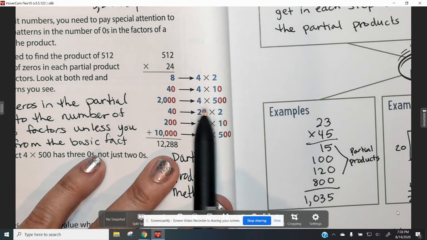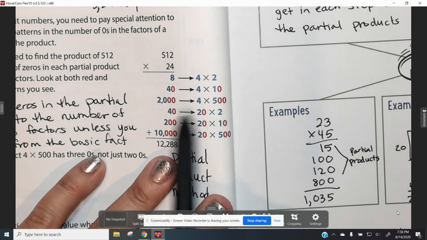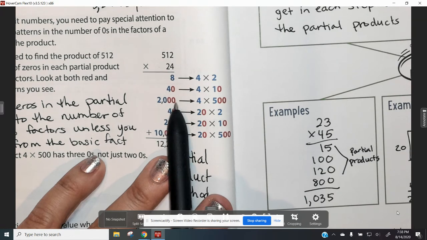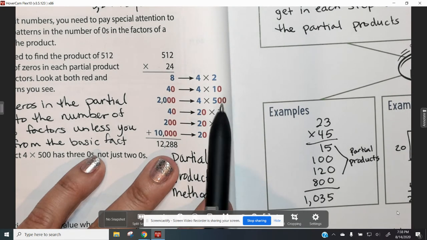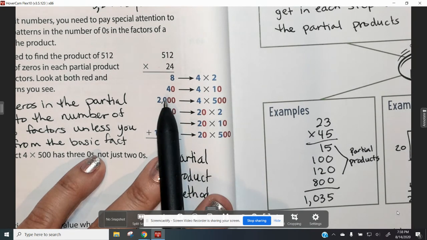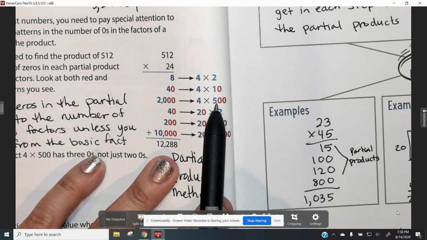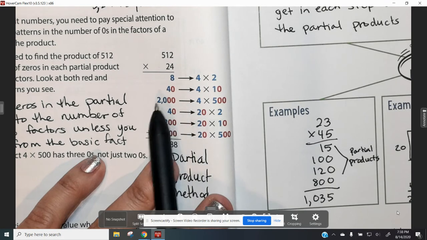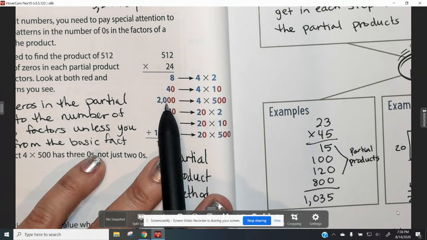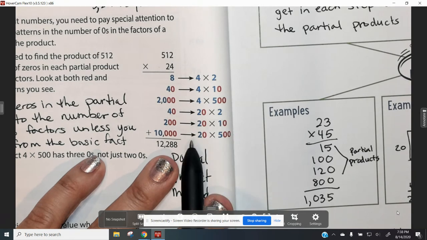Now, we originally have 2 zeros here because there are 2 zeros in 500. The reason that you see 3 zeros is when you multiply 4 times 5, what is that? That's right, it's 20. So that 20 gives you one more zero. And the same thing happens down here.